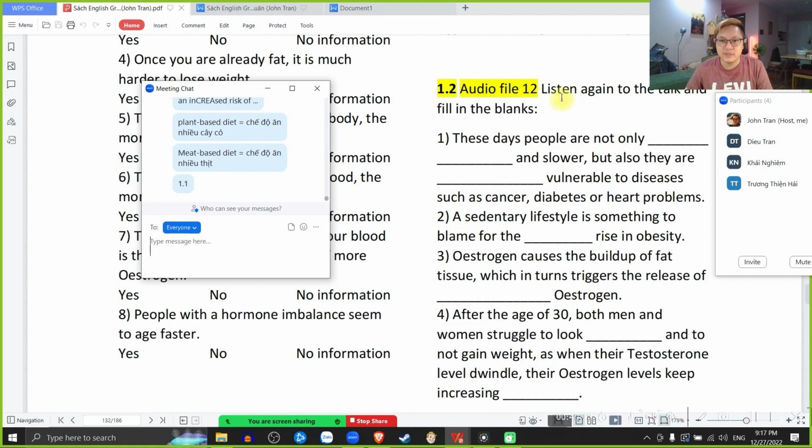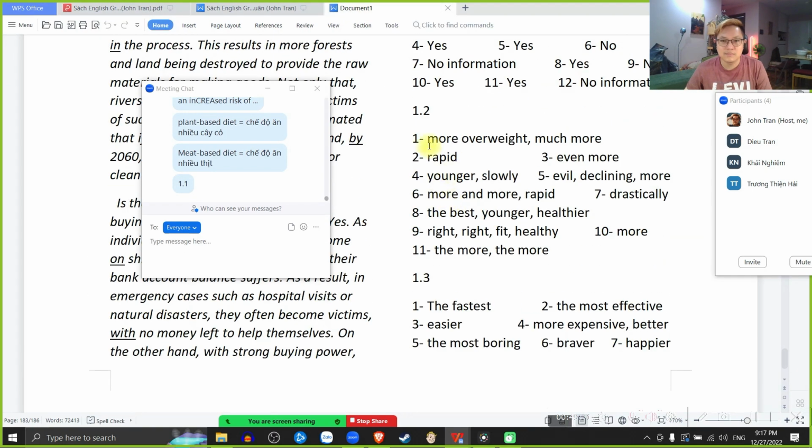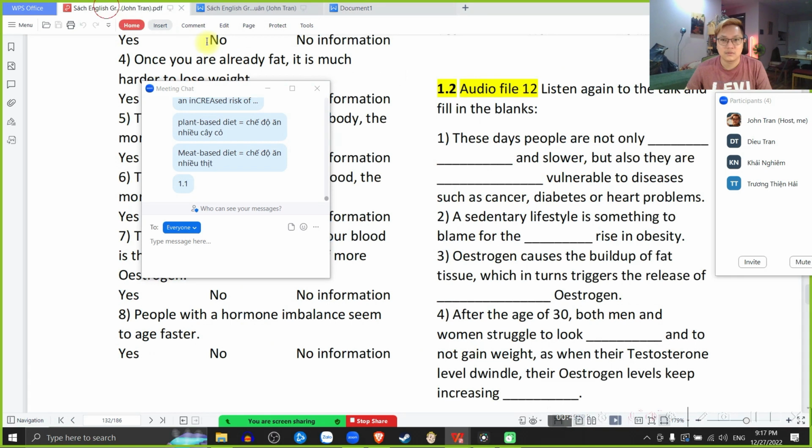All right. Fill in the top. Số 1.2 nè. Number 1. These days, people are not only more overweight and slower, but also they are much more vulnerable to diseases such as cancer, diabetes, or heart problems.